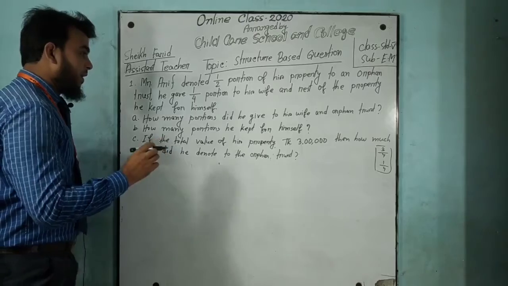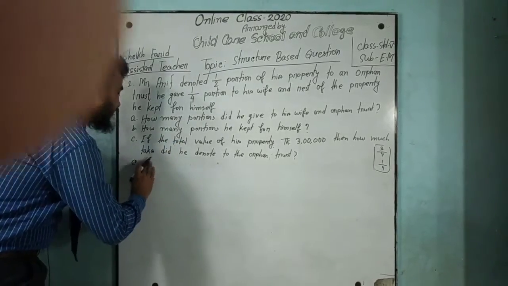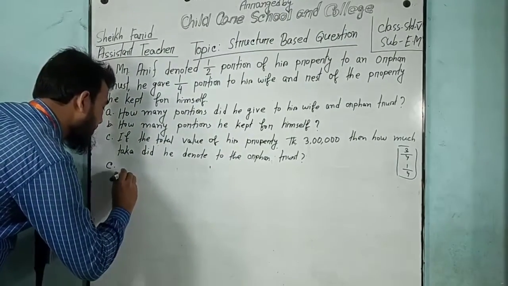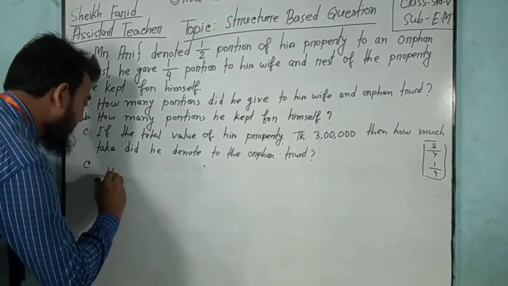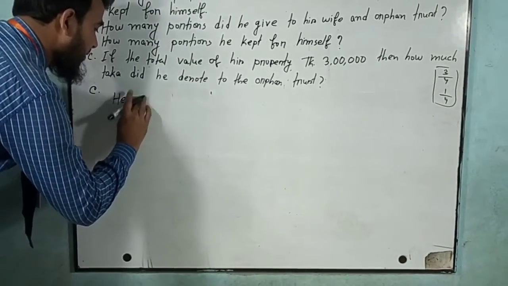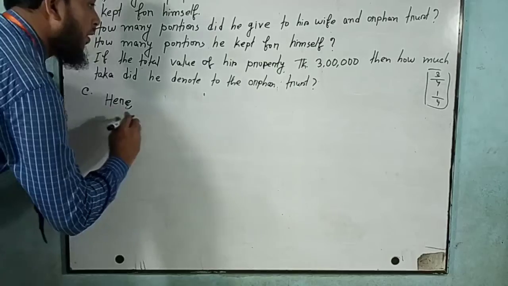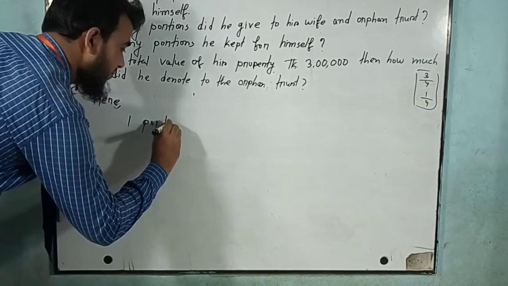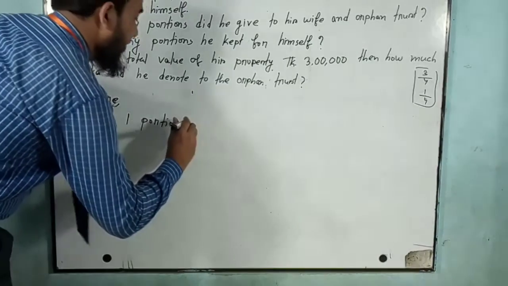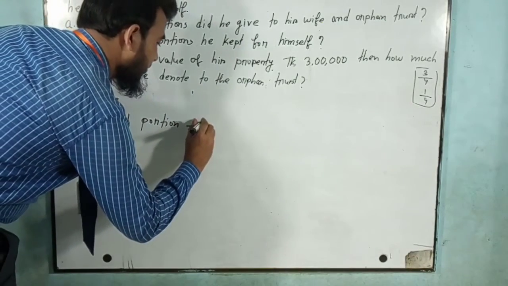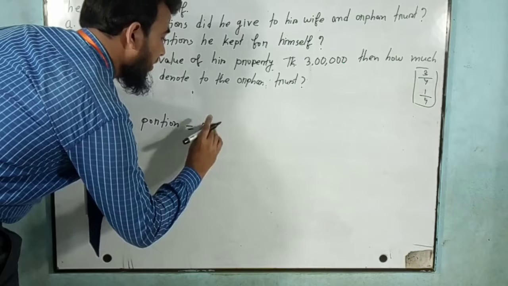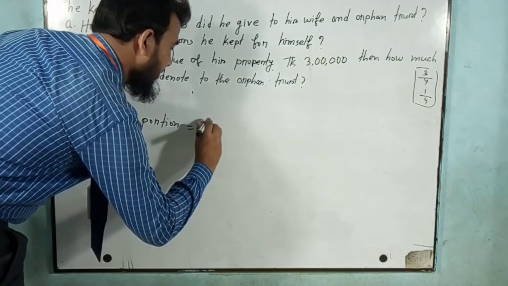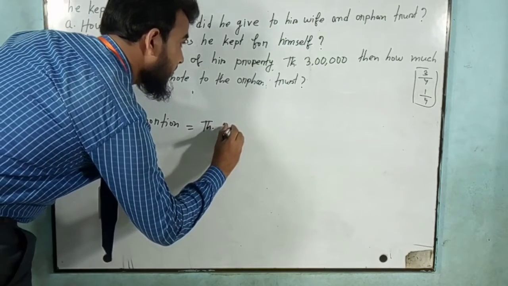Look here, everybody look. 1 portion equals 3 lakh, or you can write here taka 3 lakh.